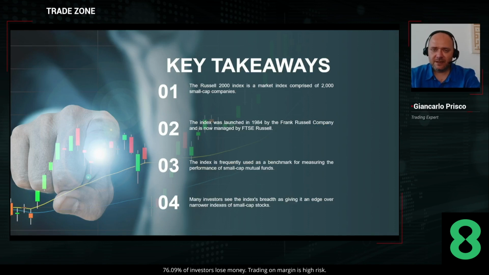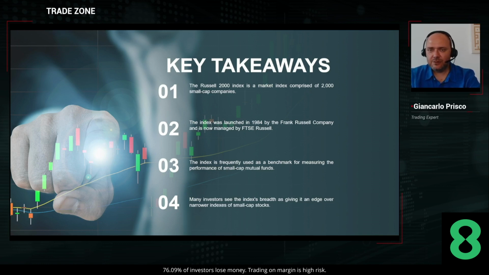The key takeaways, just a sum up. The Russell 2000 includes 2000 small cap companies. It was launched in 1984, so it was among the last ones created by the Frank Russell Company, and now it is managed by FTSE Russell.